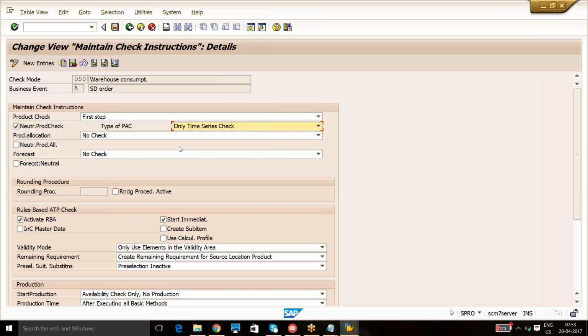Because product allocation already has its own concept, like the temporary quantity assignment I told you about, which is already assigned by the system, and according to the order that has come, it ensures what stock is available. So they have their own methodology of how to implement. Even for forecast, once it has been released, the system is aware of the amount it has to produce, maybe for the month.